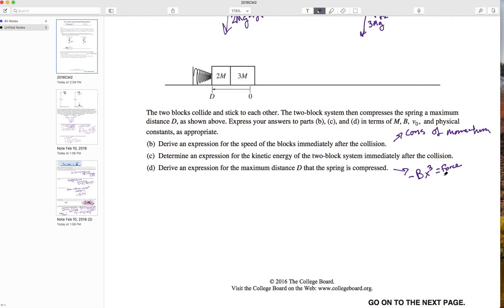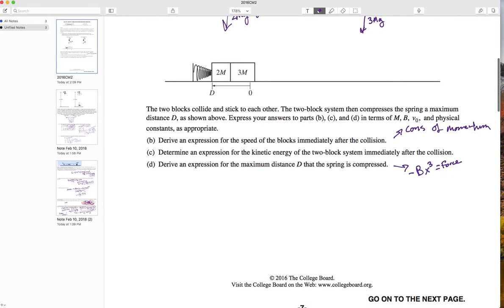Okay, so let's move to the next value. So for B, move to the next screen. Let's see, we have conservation of momentum. Just saying that will get you the point here. Well, we know that the initial momentum is going to be solely from the first object because the 2m block is moving at speed 0.